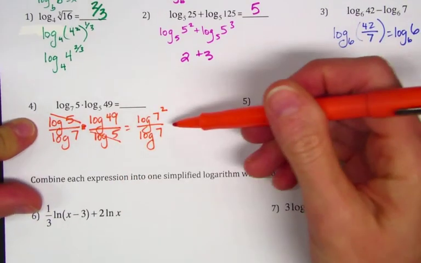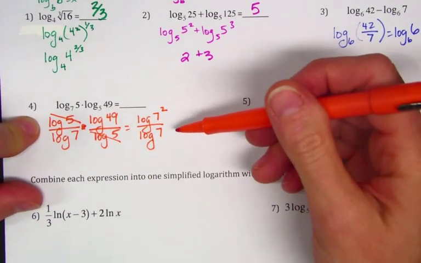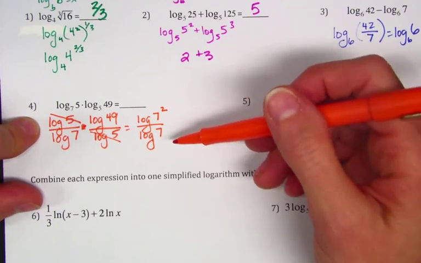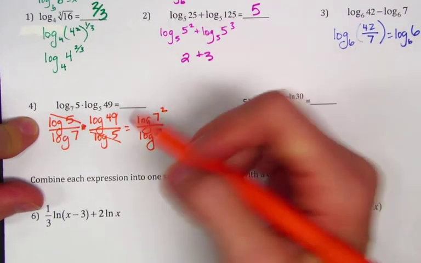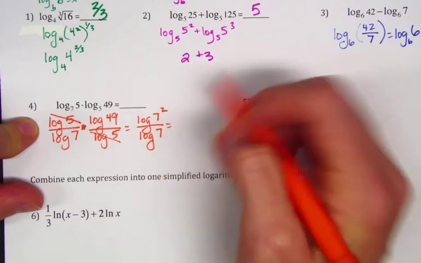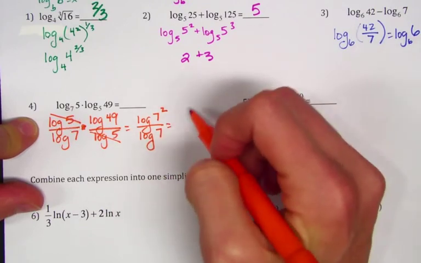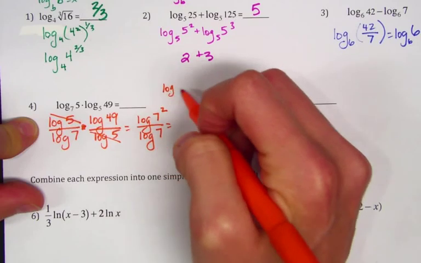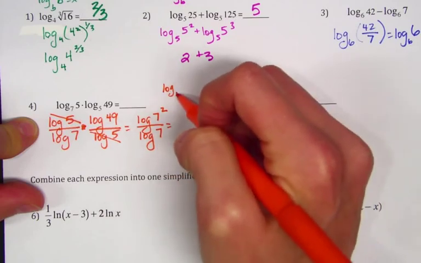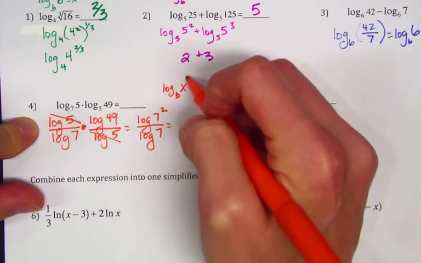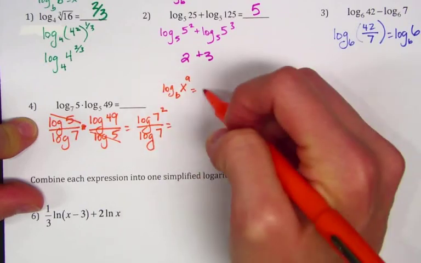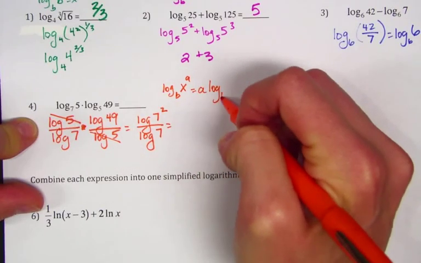Now I cannot cancel anything out here because I have the log of 7 squared divided by the log of 7, so there's no canceling. What I can do here is I can use the power rule. The power rule says if you have log base b of x to the a, this is equal to, you bring the exponent in front, so that's a times log base b of x.